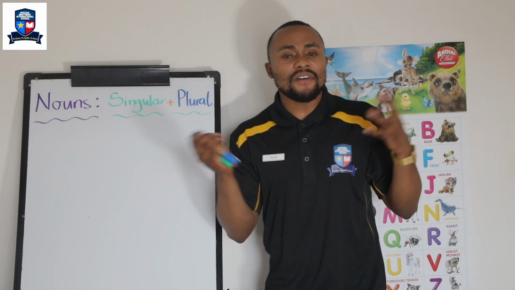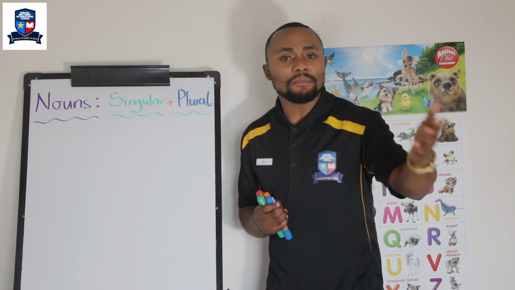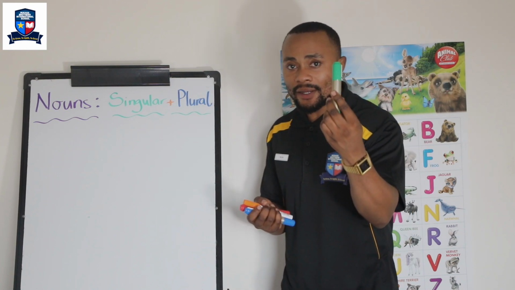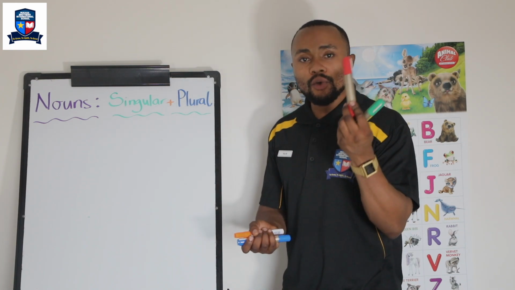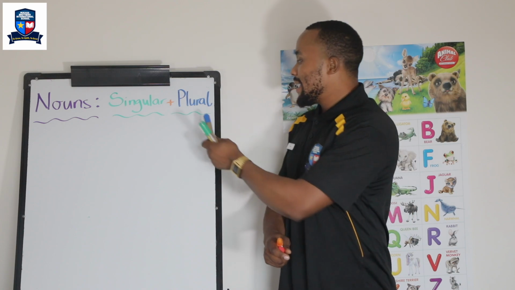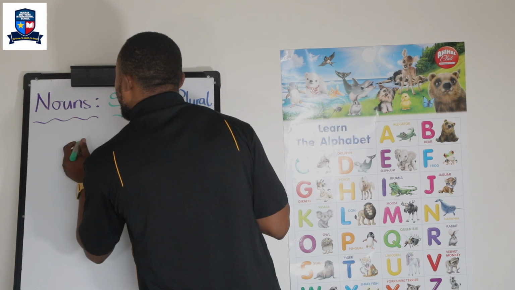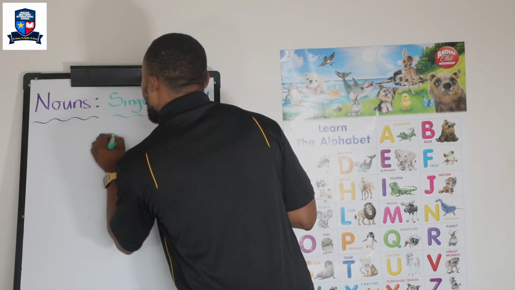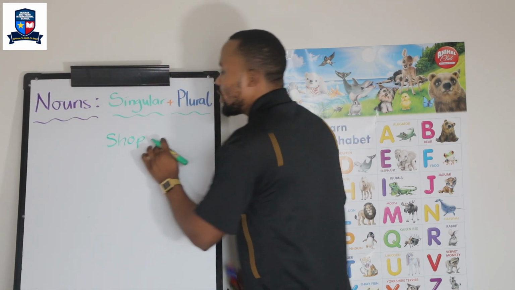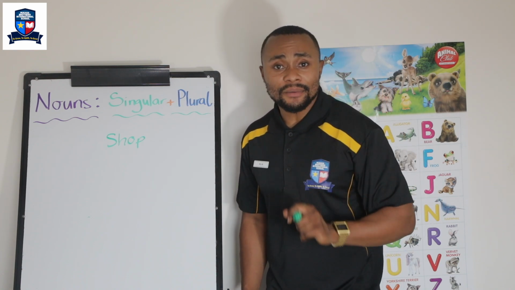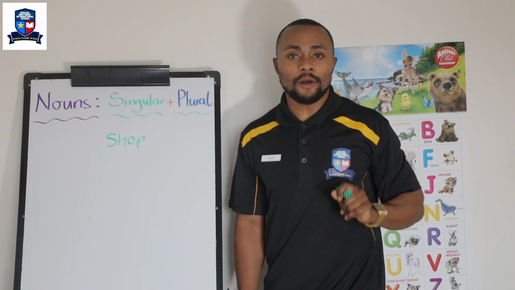So let's think of a noun. For example, shop. Okay, shop is a noun because it is a name of a place. I'm going to write it in green, which is singular, and in blue is plural. So let's say shop. Shop, as we just said, is a noun, but it means one shop, okay?